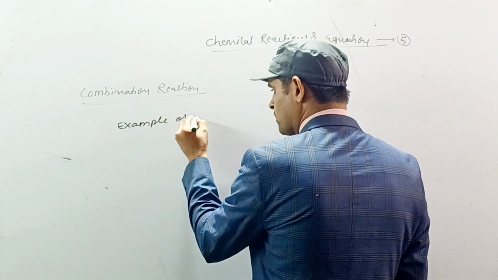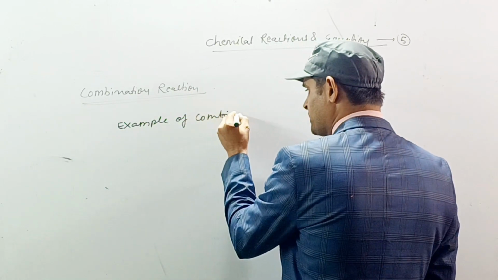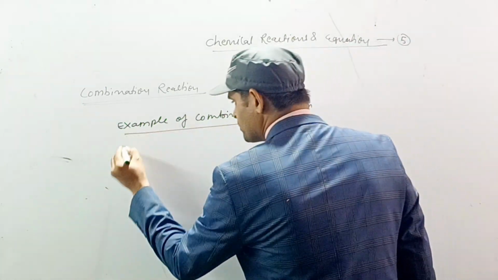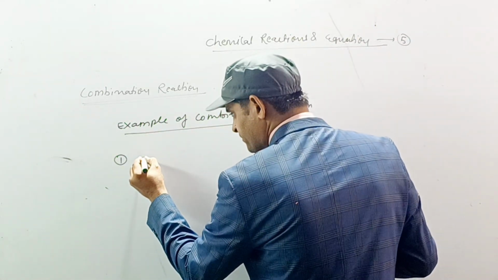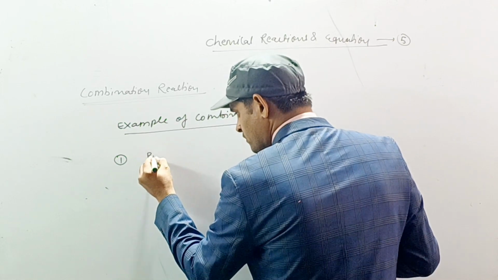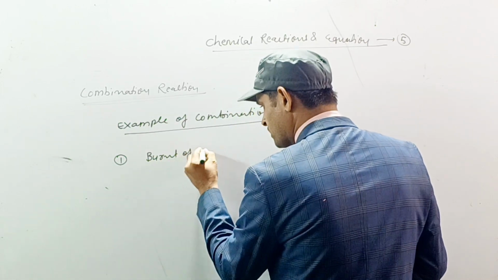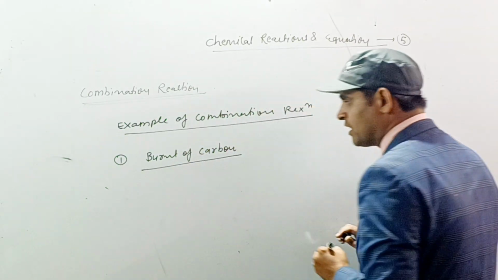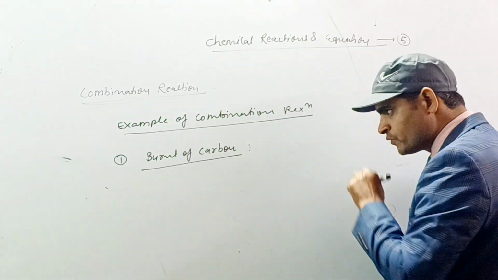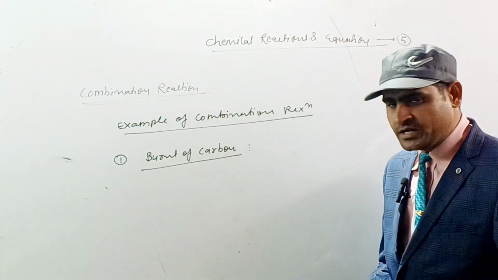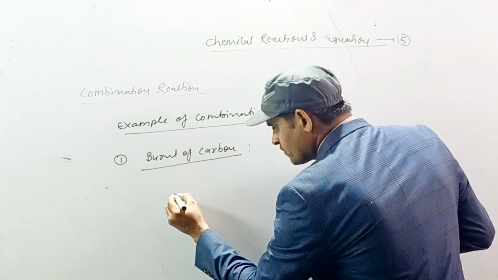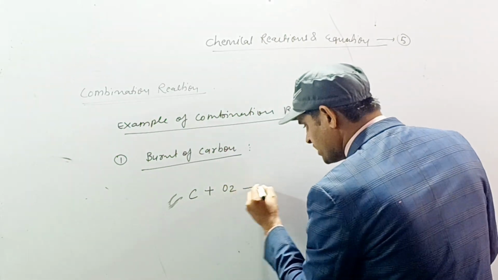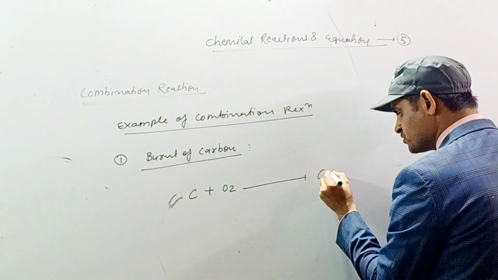Now, examples of combination reaction. First is burning of carbon. We will write it this way: carbon plus oxygen gives CO2.